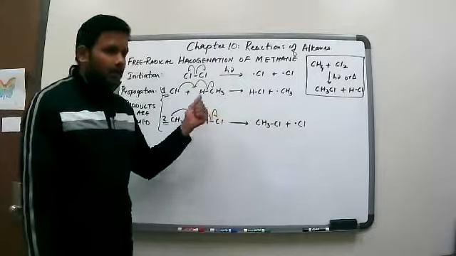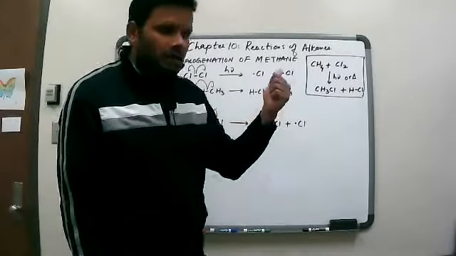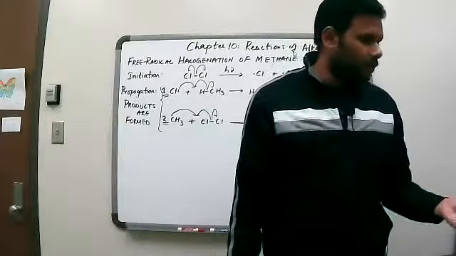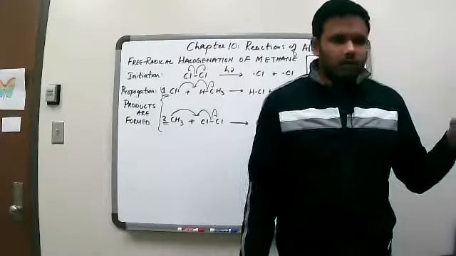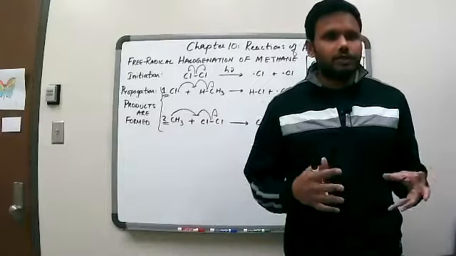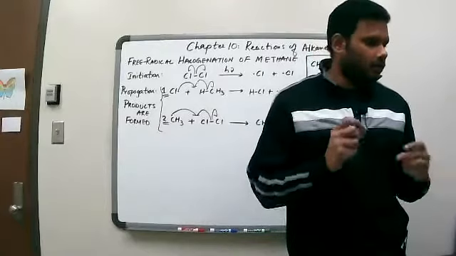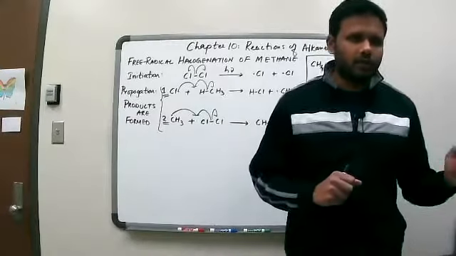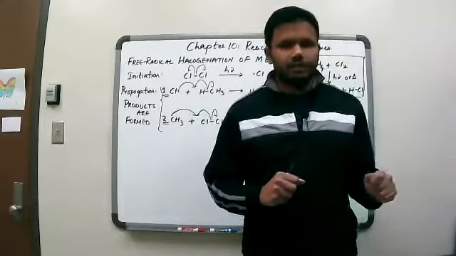Now, in the Klein's textbook that we are using, the bond dissociation enthalpy values can be found in table 6.1. That's the table where everything is present.